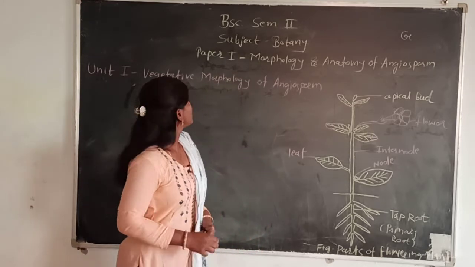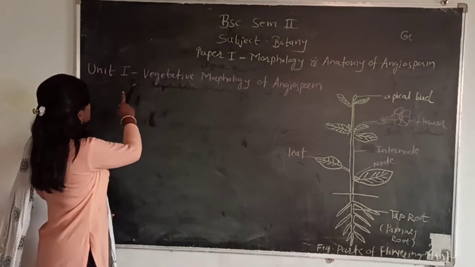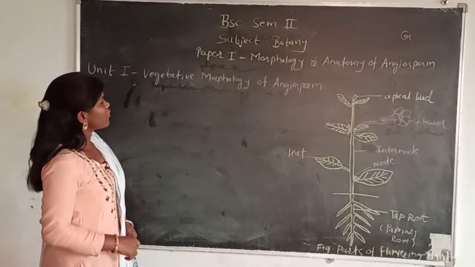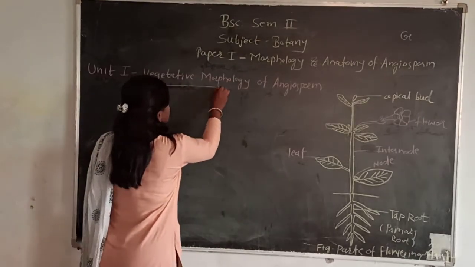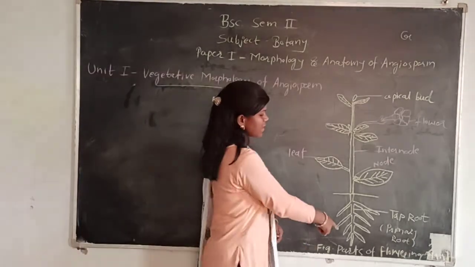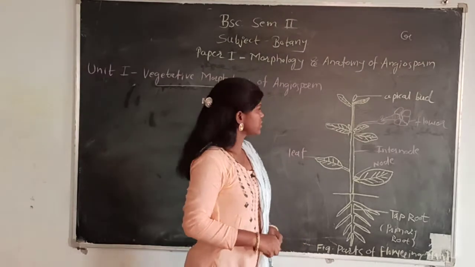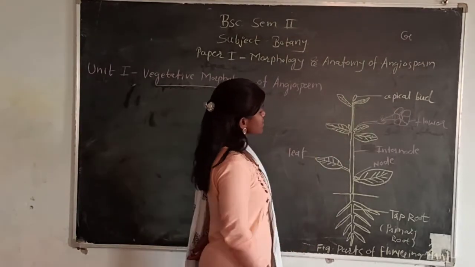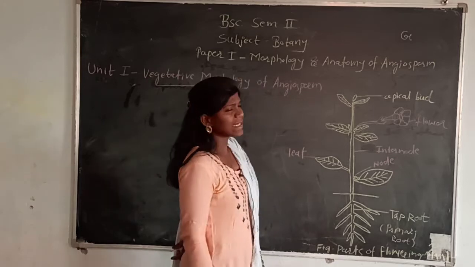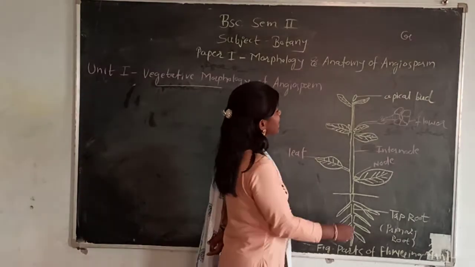So in paper first, unit first is vegetative morphology of angiosperms. What is vegetative morphology? Here let's see the parts of flowering plants. The central axis of the plant is called the plant axis.